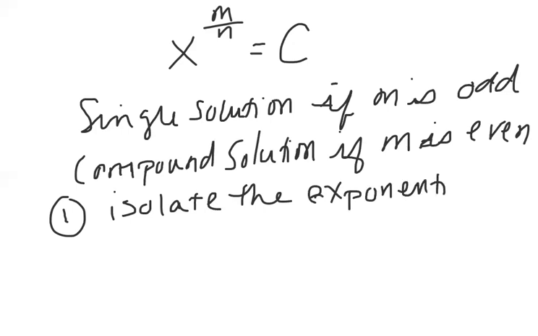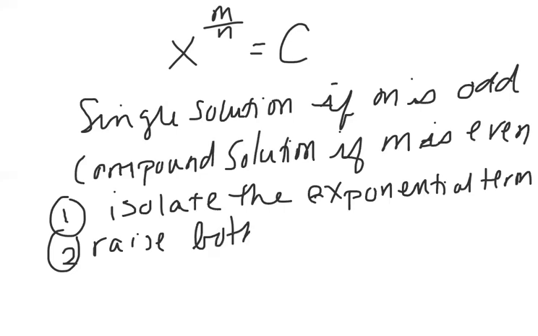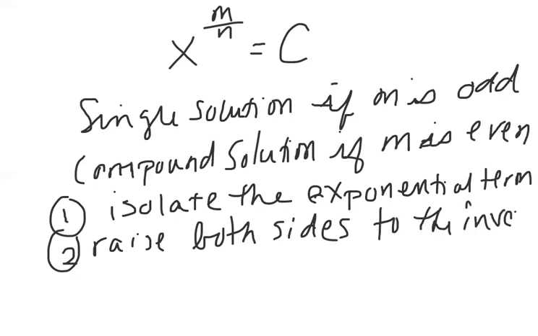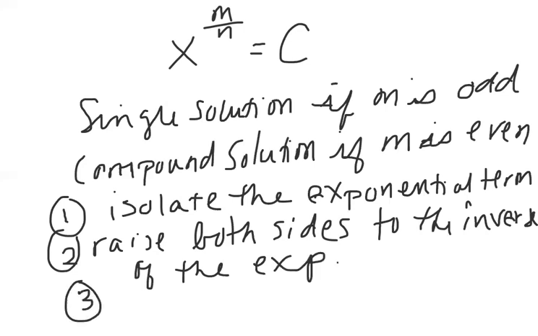And then once you have that isolated, you want to raise both sides, this might require a calculator, guys, to the reciprocal, the inverse of the exponent, and then you want to go ahead and solve.